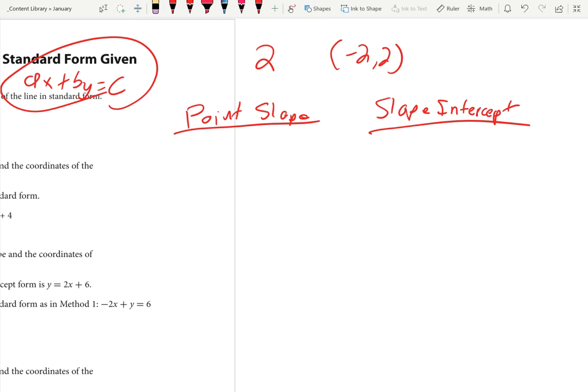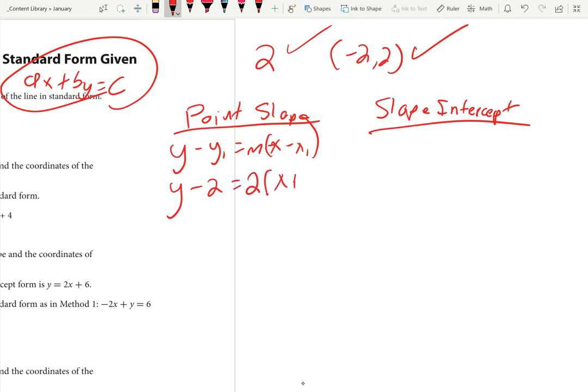Now, point slope is probably the best one to use here simply because we have a point and a slope given to us. So point slope form, remember, is y minus y1 equals m parentheses x minus x1. So when I plug this information in, it's simply going to be y minus 2 equal to 2 times (x plus 2). Lots of 2's.